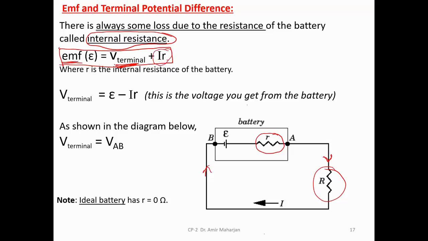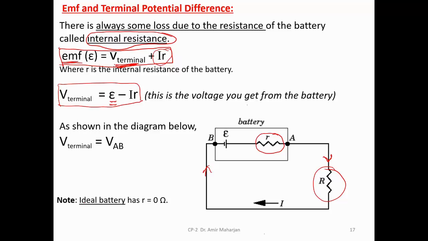This I times R is some internal loss because of the internal resistance. So the terminal voltage is always less than its maximum capacity, the maximum EMF, decreased by I times r. This is the relation you might need in solving electrical circuit problems. Okay.